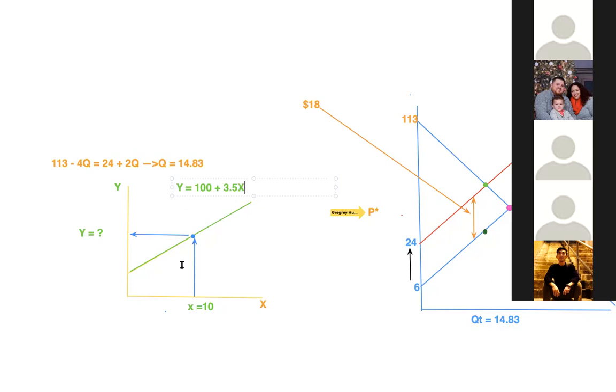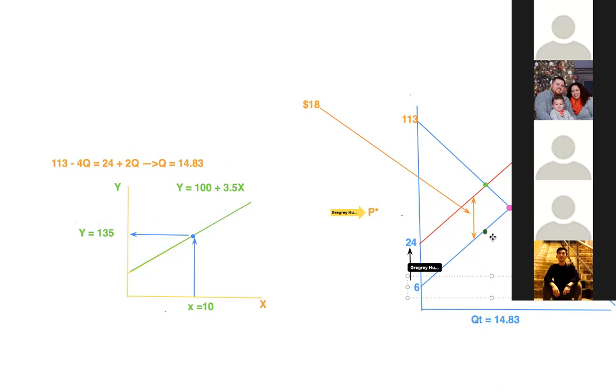Then you would know, right? Because you would just plug x equal to 10 in there, and then y would be equal to what? You can do that one really quickly. 135.